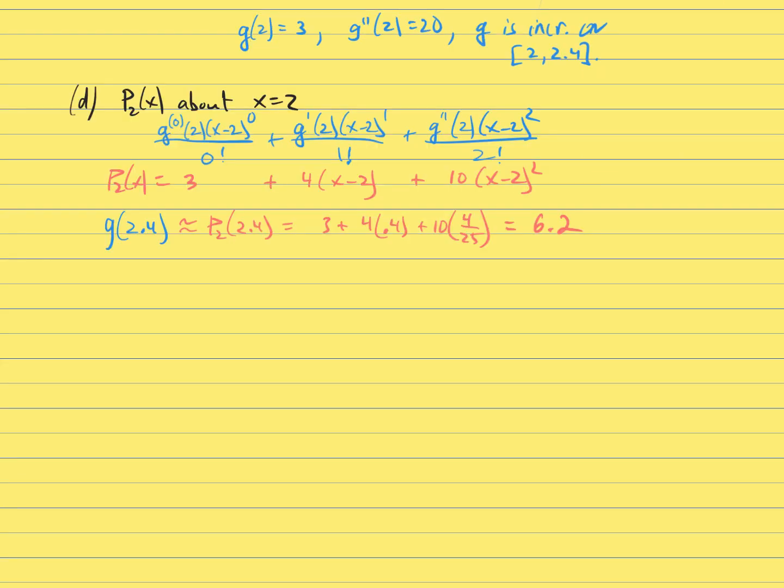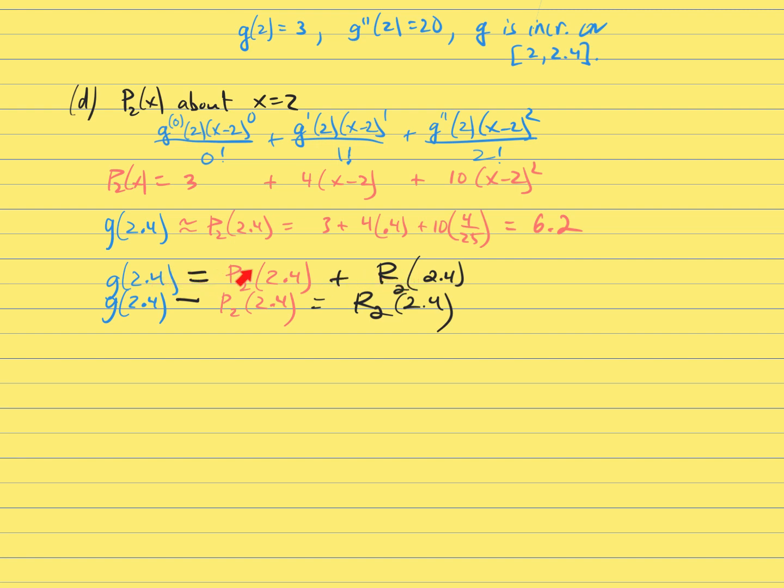And then it says, show that this approximation is correct to within 1/10. To do this, we're going to use the Taylor remainder theorem, otherwise known as the Lagrange error bound theorem. The exact value is our approximate value plus the remainder, or the error.